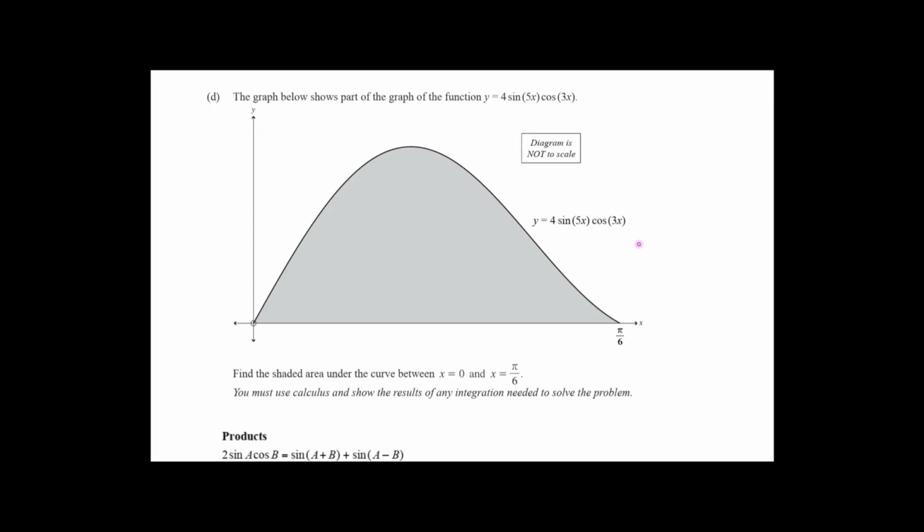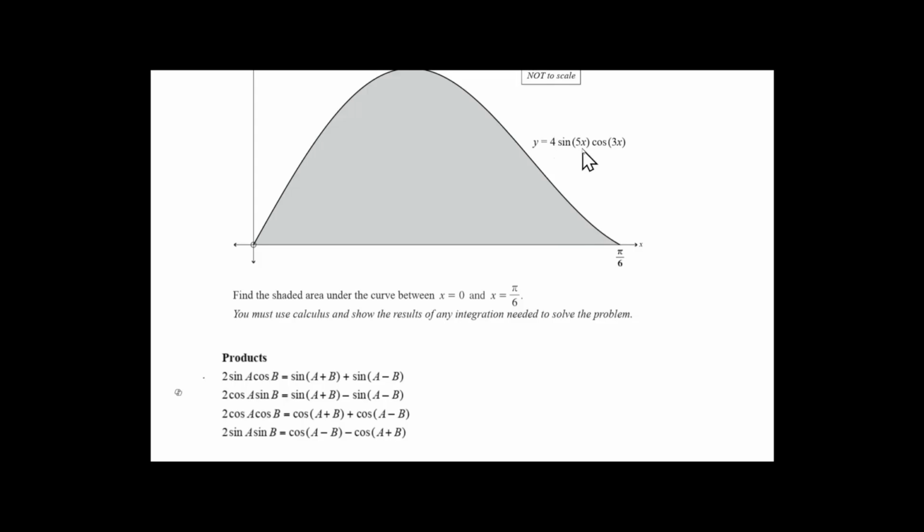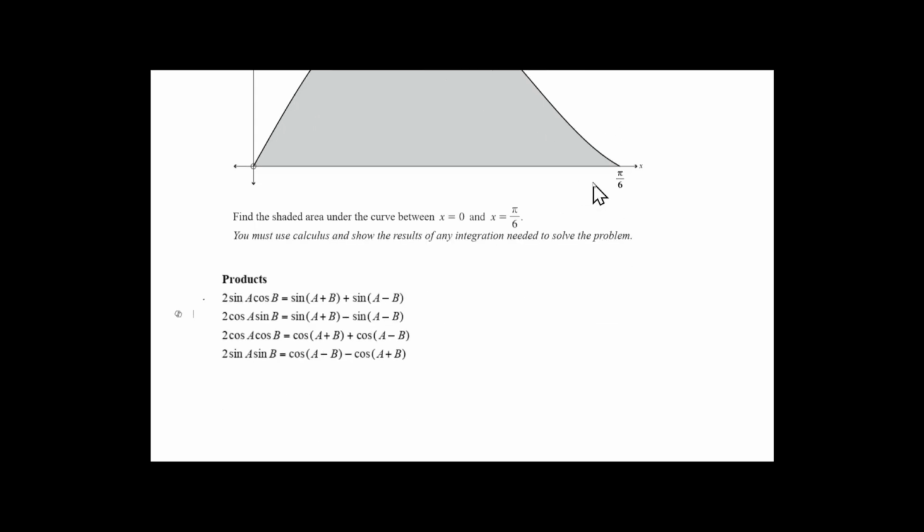So rather than integration by parts, let's use a trig identity. It's sine times cos, so we're going to use sine of something times cos of something.